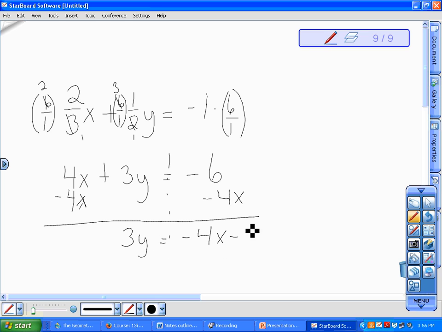Once again, we cannot combine the -4 and the -6 because they are not like terms. And then I am going to divide everything in this equation, everything being the key phrase here, by 3. This means my slope-intercept form is going to be y equals -4/3 x minus 2.